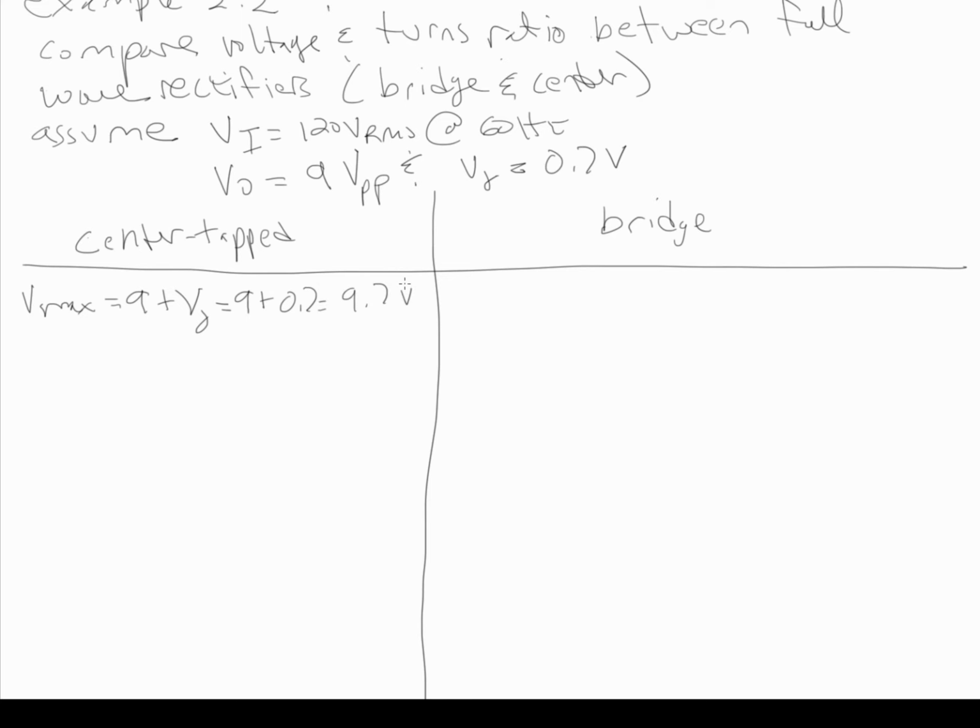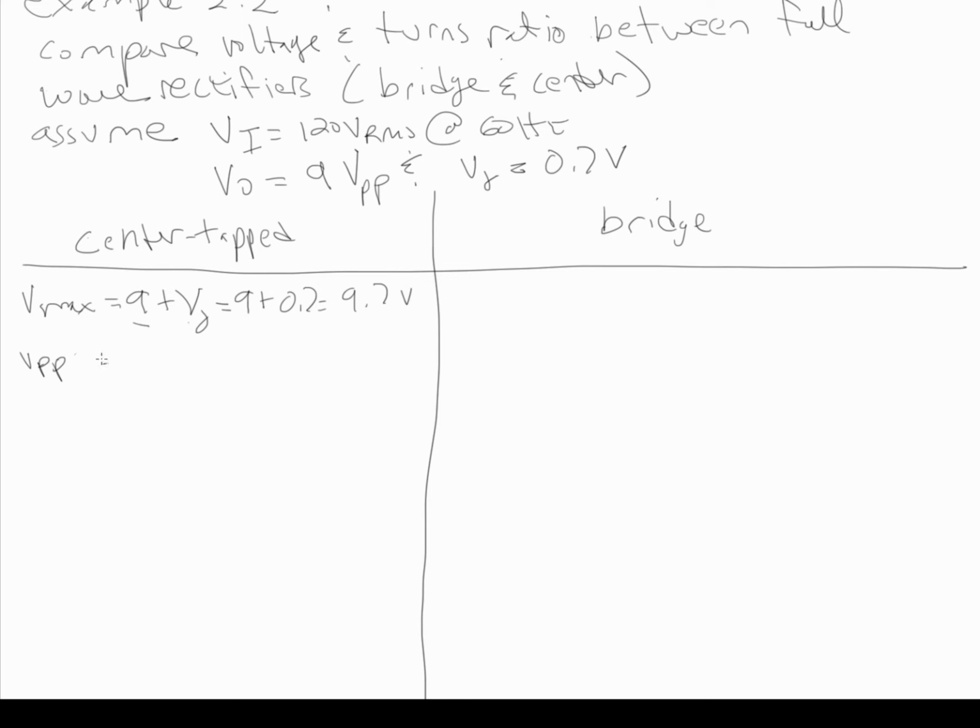Okay. And then your V RMS is going to equal, now your V peak. We're kind of going backwards here. So we have our 9 volt output, but we have to take into account we have a V gamma drop, so we're adding that back in.